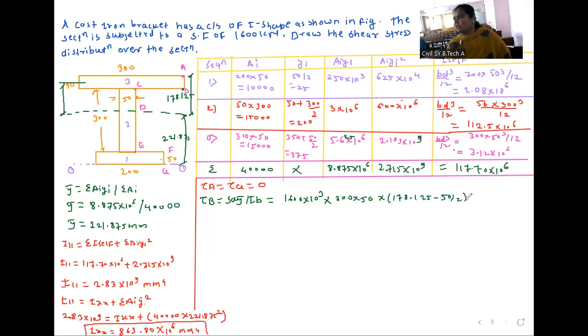So this is the centroid. And after that divide by moment of inertia, 863.80 into 10 raised to 6, into width, which is 300. So you calculate and tell me tau B is equal to how much?